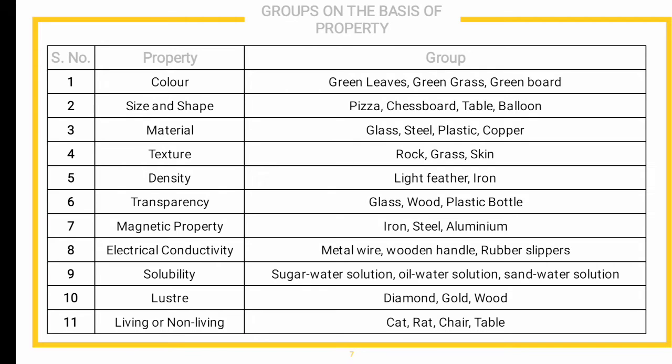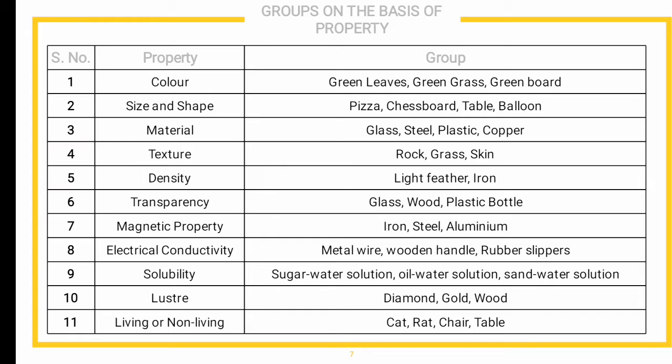The first one is color. We have examples like green leaves, green glass, and green board. We have size and shape: pizza, chessboard, table, balloons, which have different sizes. Then material: glass, steel, plastic, copper. These are different types of material. Texture: rock, grass, skin. Density: light feather and iron.